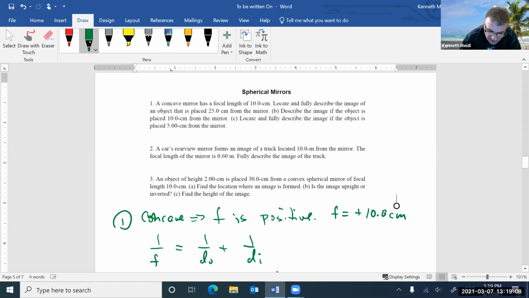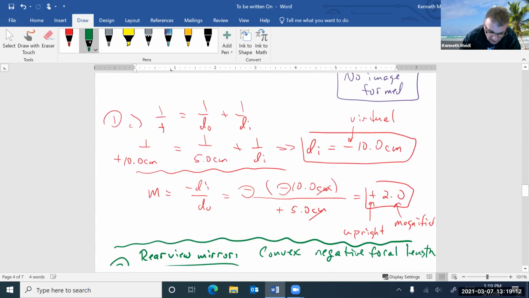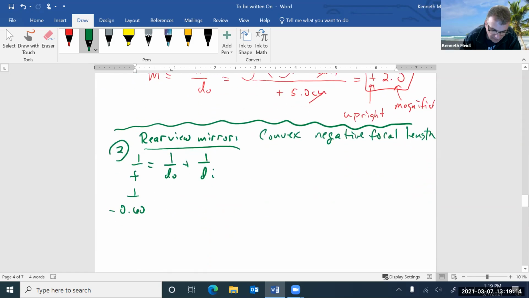So 0.60, and the object is 10 meters from the mirror. And this is what you want to solve for di. So convex mirror, I've got to tell the equation that it's got a minus sign here. So go to your calculator.